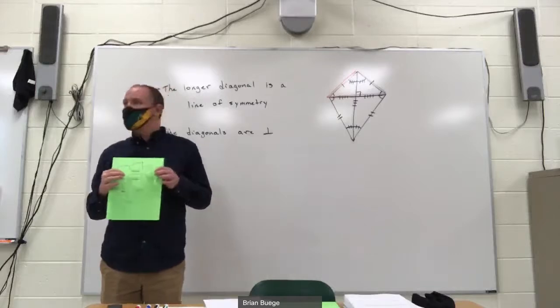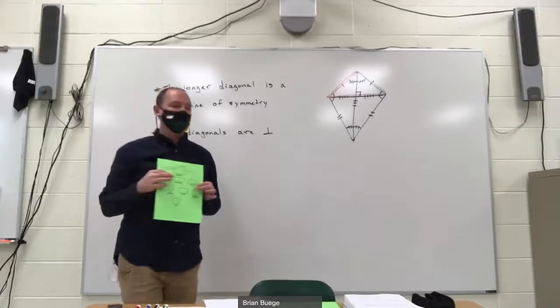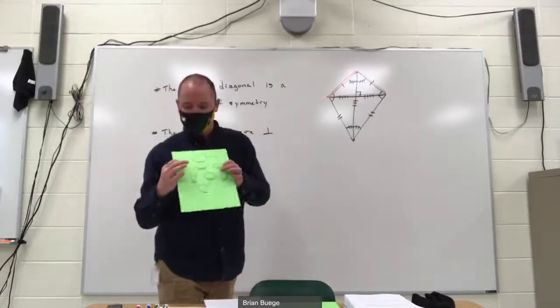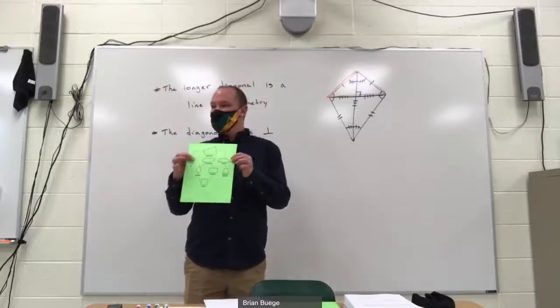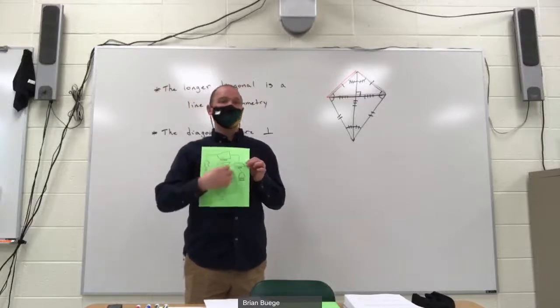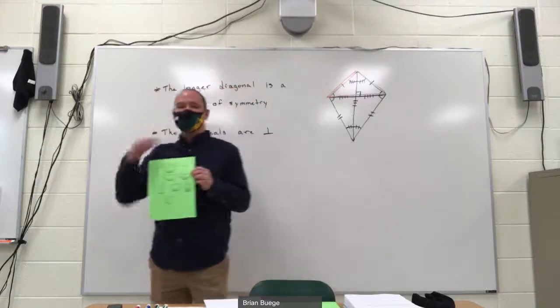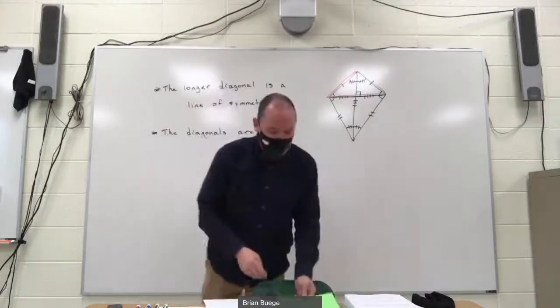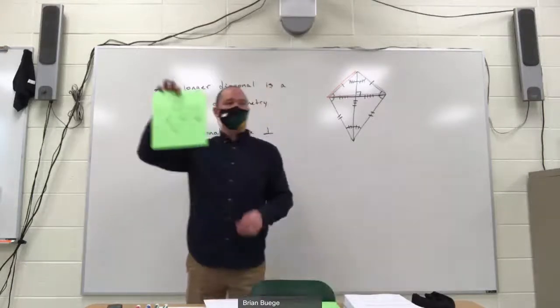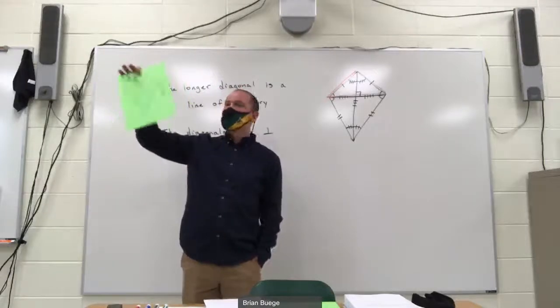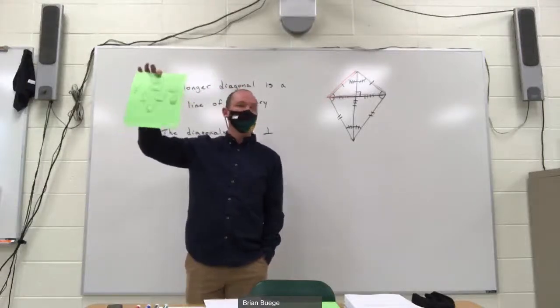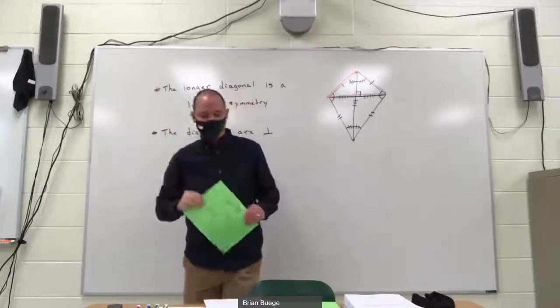That's going to be the one set of parallel sides. So that's kind of how this is organized. No parallel sides. Everything down the middle has two sets of parallel sides, and everything on the right-hand side has just one set of parallel sides. These are all of the shapes that we're going to take a look at over the course of the next 2 weeks, basically. Okay? We just did the first two together.